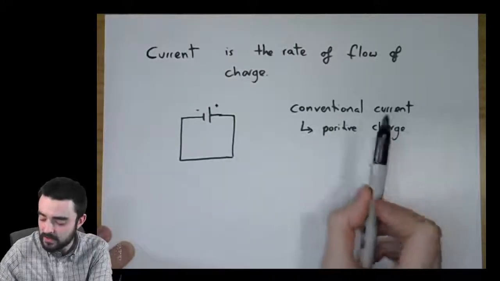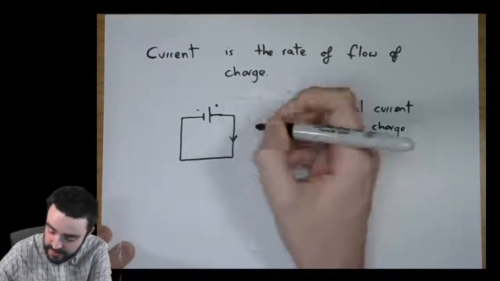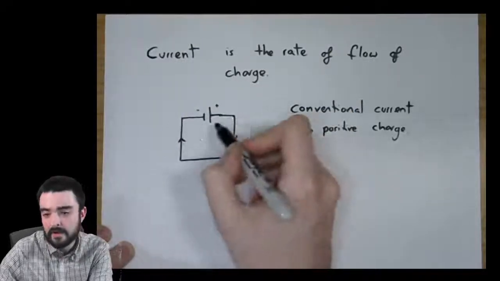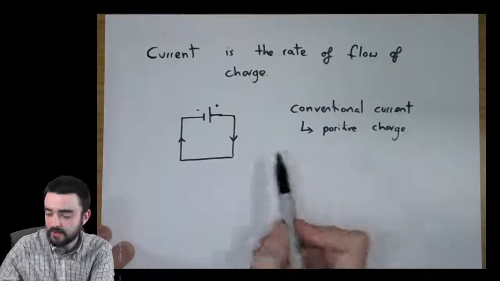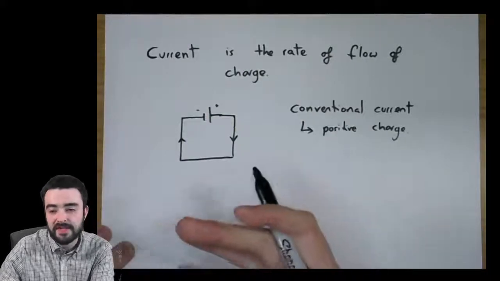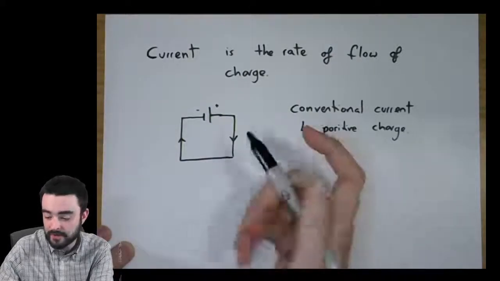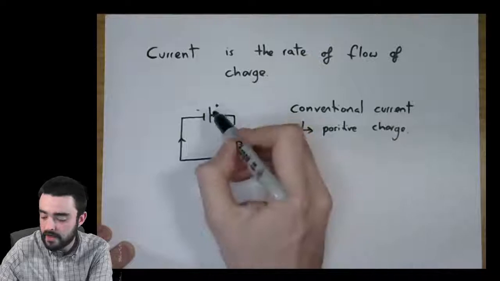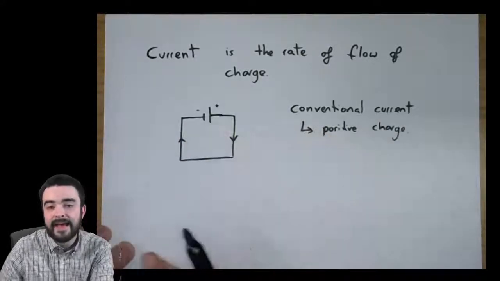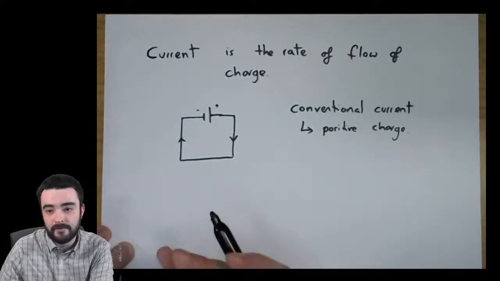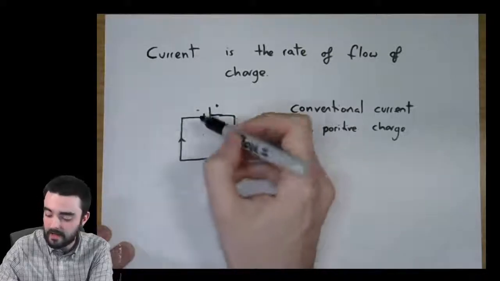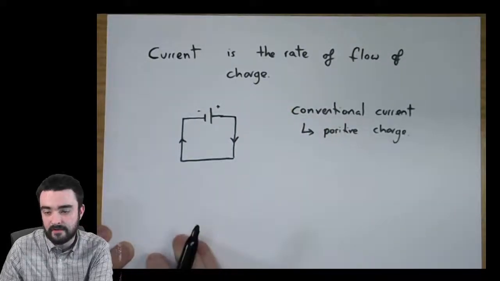So conventional current actually goes from positive to negative. So this is talking about the flow of positive charges. So current, conventional current, goes from positive to negative, even though it is electrons that are flowing, which are negatively charged, going from negative through to positive.